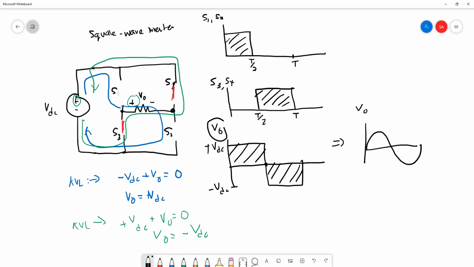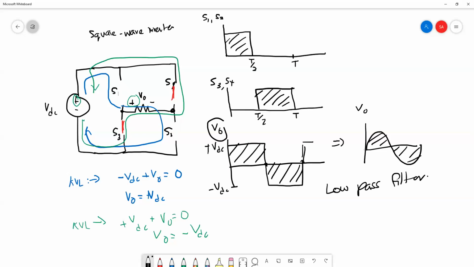From this AC square waveform, we can obtain a sinusoid by using what we call a low pass filter. So this is the lesson for the square wave inverter.